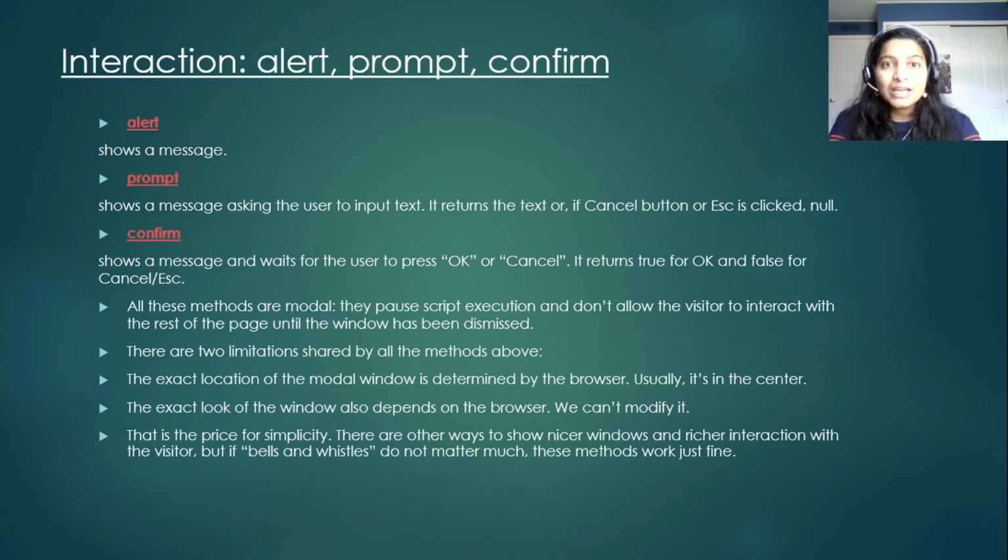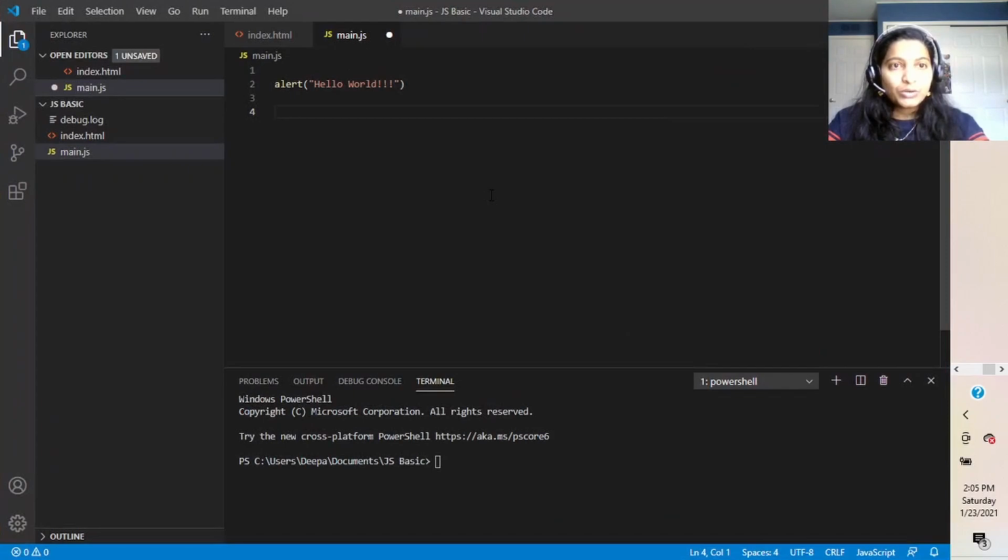Now let's see how we can use them programmatically. Let's check one by one how we can use this alert window, and then the prompt and confirm also. This is a simple message which we have typed here.